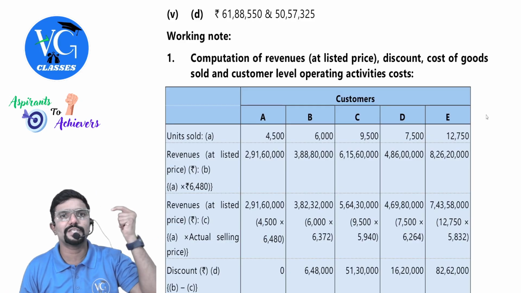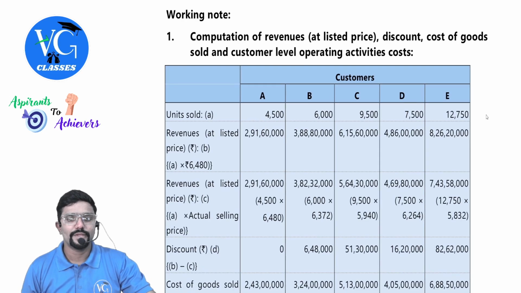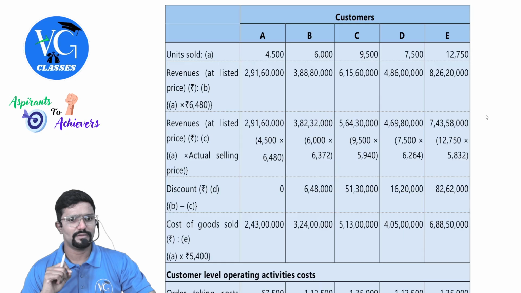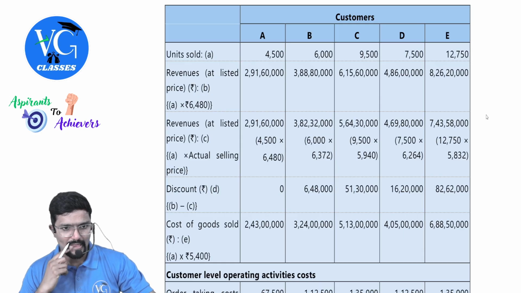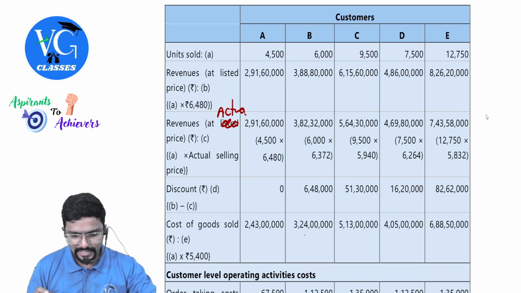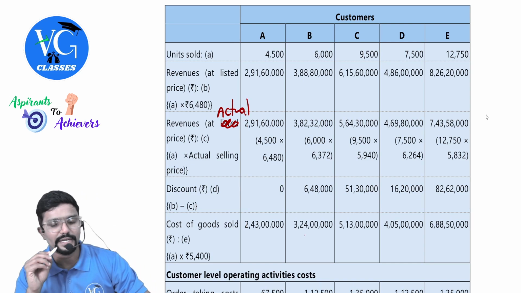Units sold, revenue at listed price, revenue at actual price. What they have taken is actual price only, but written is listed.